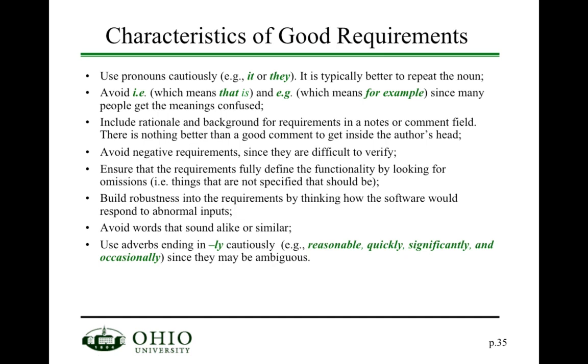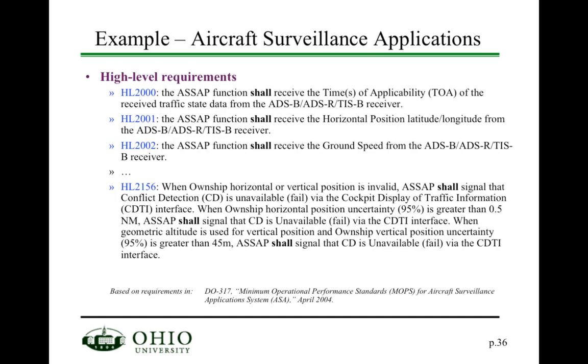And you can do this by looking for omissions, things that you didn't specify that should be there. This is something that you need to do, of course, as a requirements developer, and then in the verification process, this is something that you have to bring out if you and a group of people review these requirements.